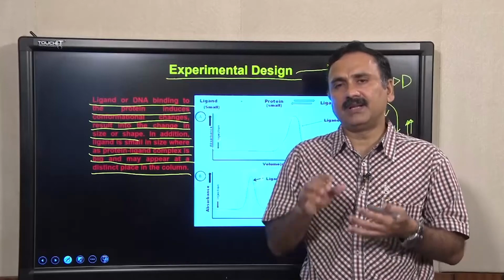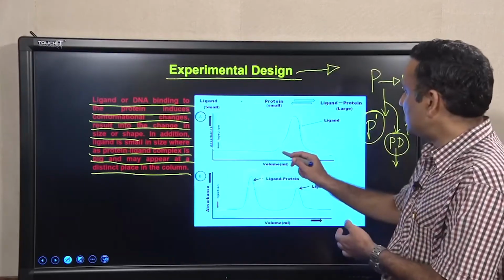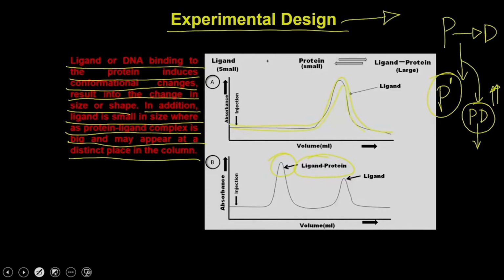Because the substrates are very small, they run as a separate peak, and when they are in a complex with the protein, they run very separately from the ligand peak, and that is how you can understand the interaction of the ligand with the protein.